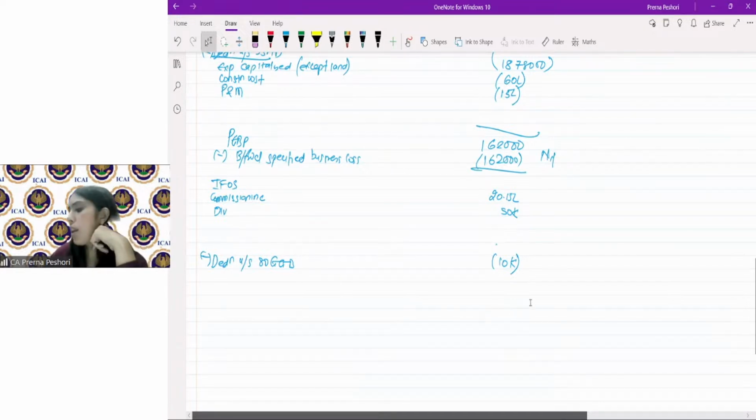So what will be my total income now? Calculate the total income for me. What shall be the total income? ₹20,55,000. Yes, Kaushiki. All of you are getting this particular answer. 20,55,000. Is it what you're getting as the answer?